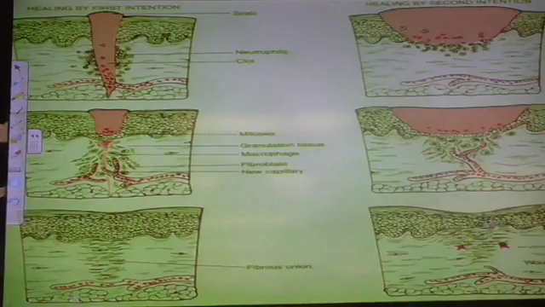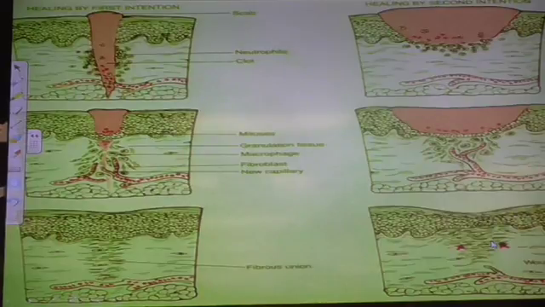So you still have healing there by connective tissue replacement and wound contraction, much more extensively over here because you have much more extensive damage. And so you get a smaller scar as a result. Smaller than it would have been, not as small as the one you get over here in primary intention healing, but still, connective tissue replacement is better than having an open, gaping wound to continue with.